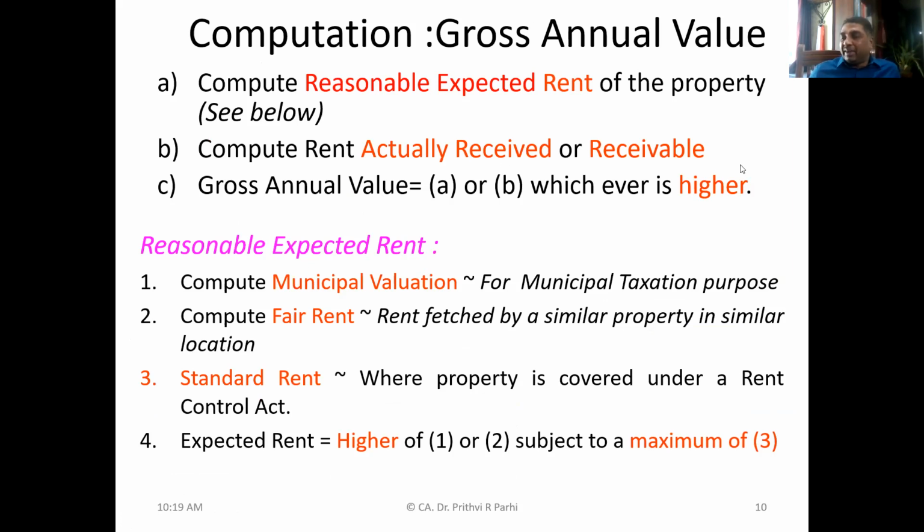If rent is received, then fine. If rent is not received, it may be receivable. So compute the actual rent. That means compute both reasonable rent and actual rent, and gross annual value is A or B, whichever is higher. So no issue here. This thing we have already discussed.